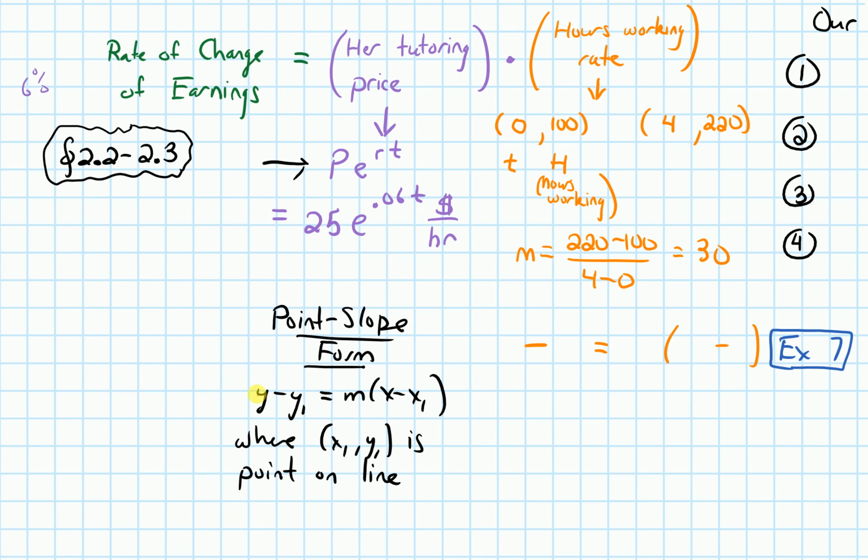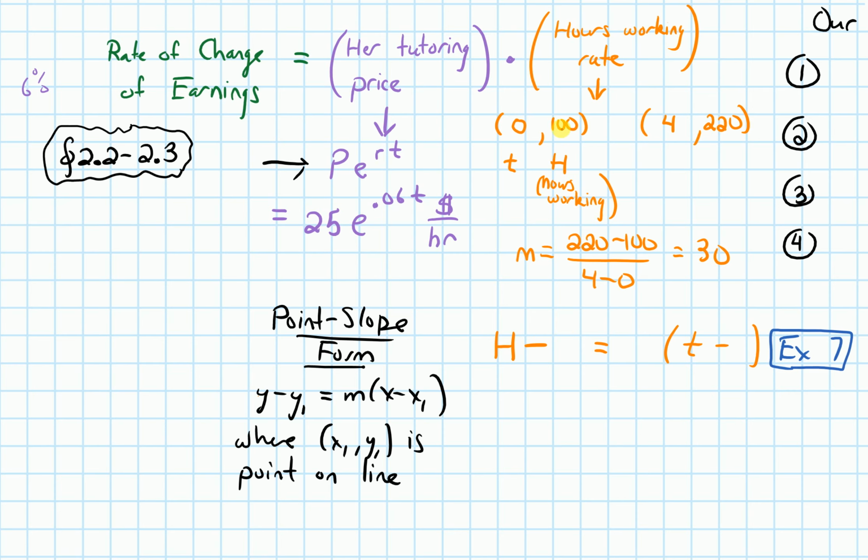But in our problem, we don't have y as a variable. The y coordinate variable is h. And then similarly, within the parentheses, we don't have x as a variable. Instead, we have t. So let's put a t instead of an x. And then I can take either one of these points, but it seems like the simpler point to use would be (0, 100), just because they're simpler numbers. So I would do h minus the y coordinate of the point that I'm using.